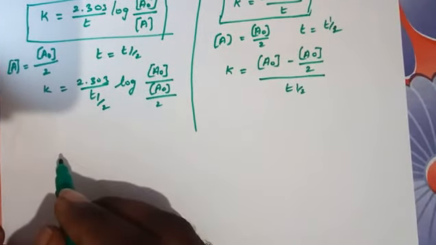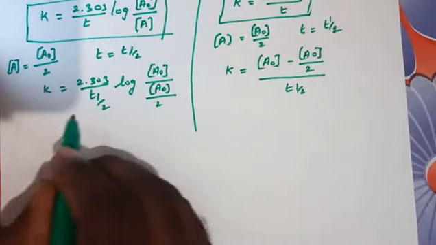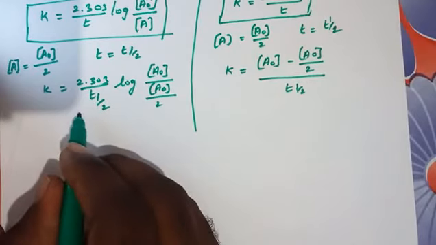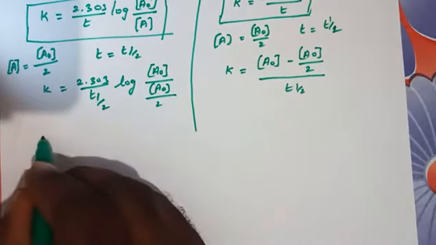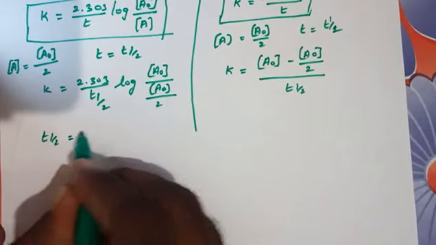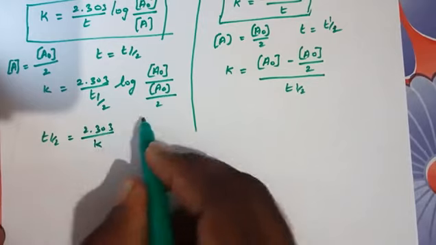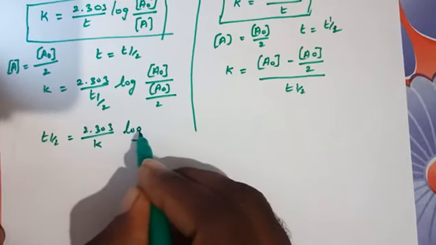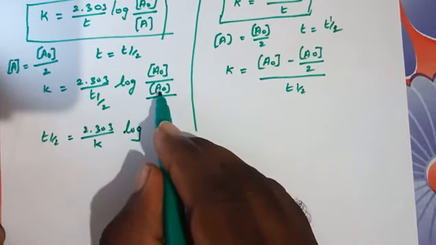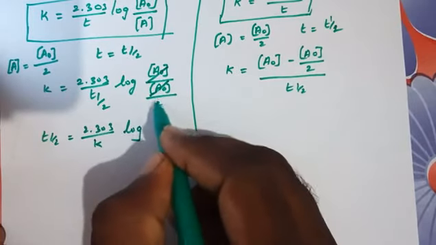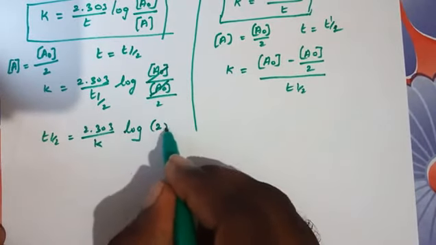Now we are going to calculate only the t half value, just rearranging this equation. t half is equal to 2.303 divided by k, into log of A naught divided by A naught by 2, where A naught cancels and 2 is present in the numerator.